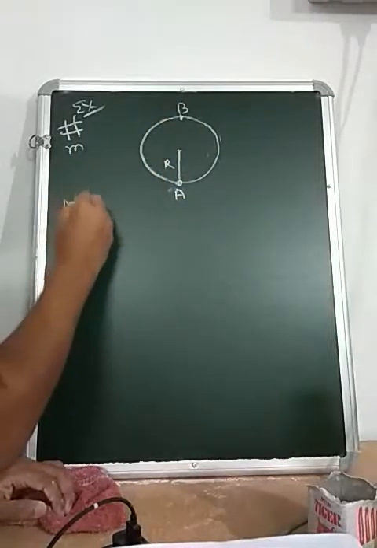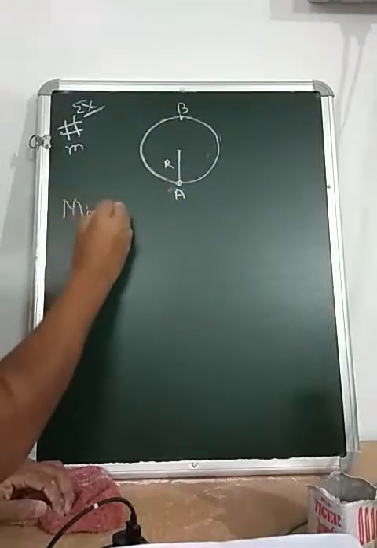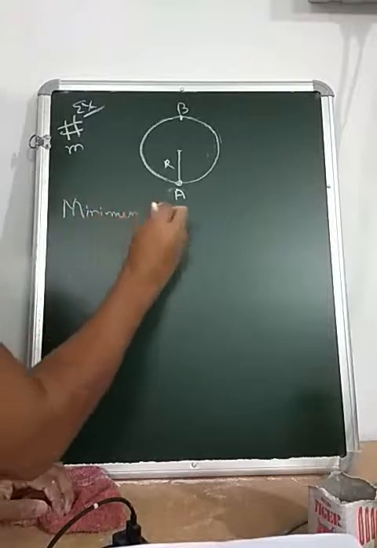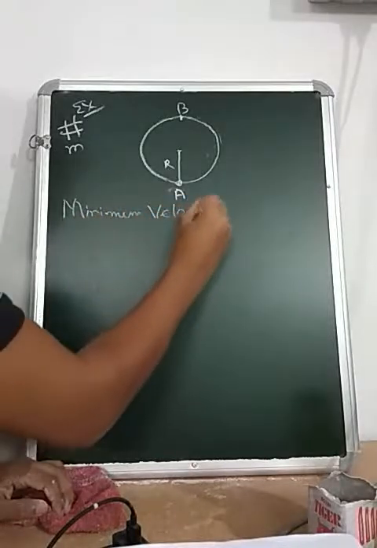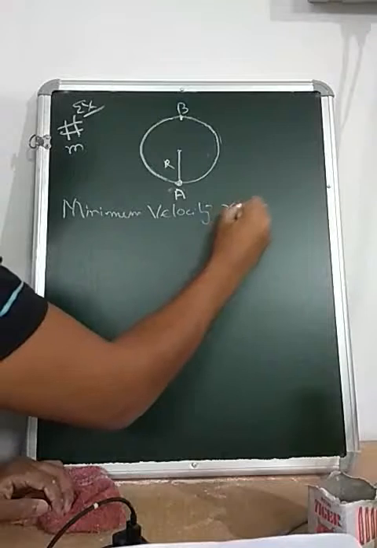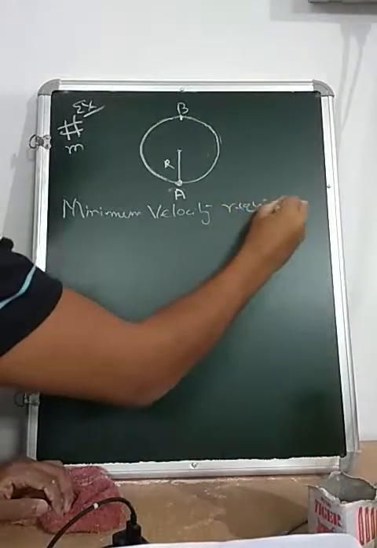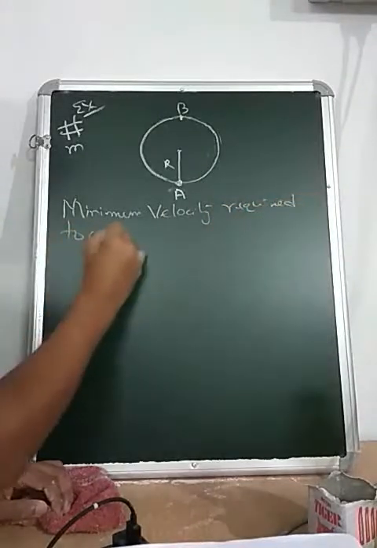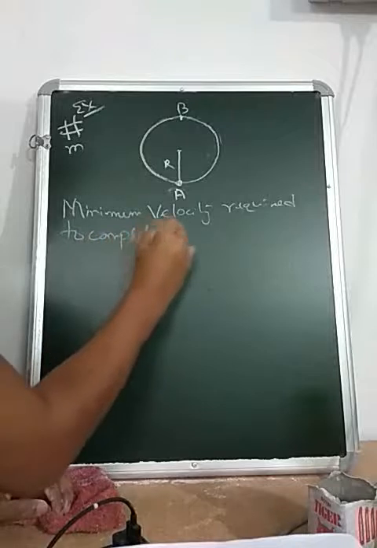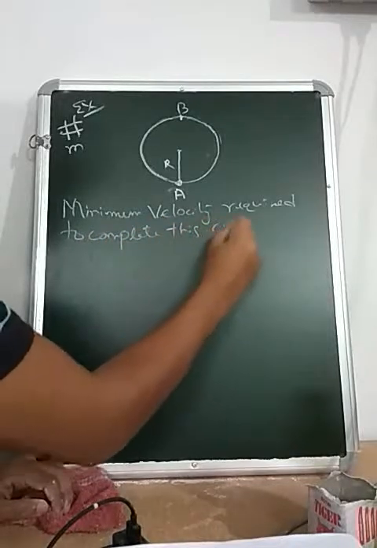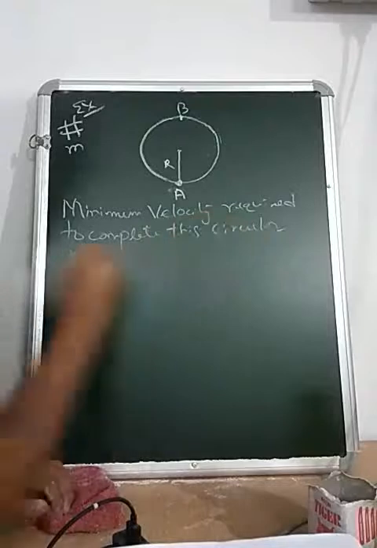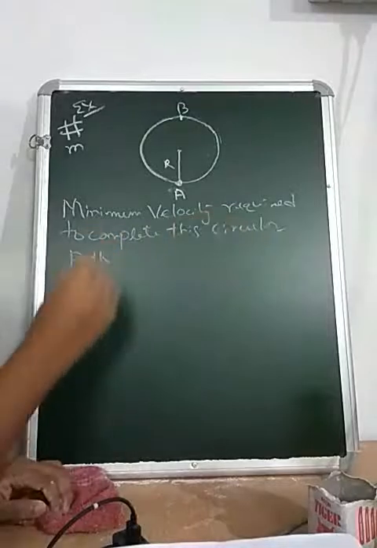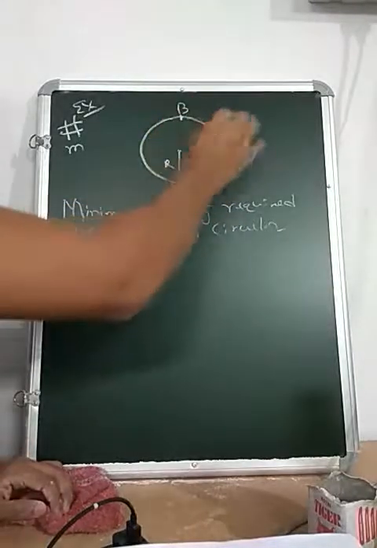You are asked to calculate the minimum velocity required to complete this circular path. A body of mass m is rotating in a vertical circular path.